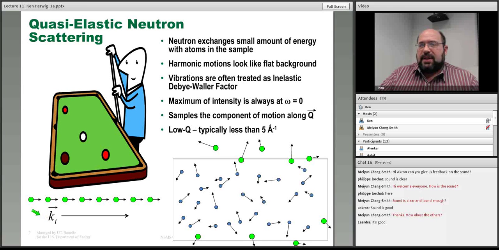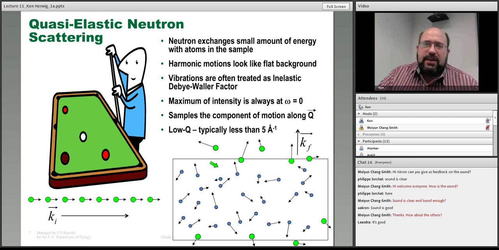As the neutrons come into the sample and interact with the sample atoms moving in a variety of directions, all with different lengths of their own K vector, the neutron scatters off in a different direction, and we have the final wave vector shown here at 90 degrees.